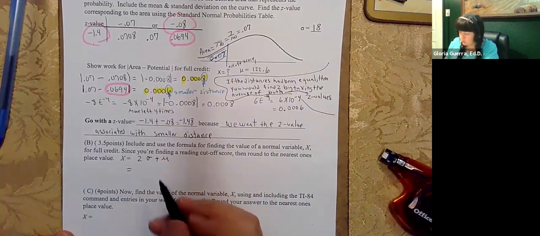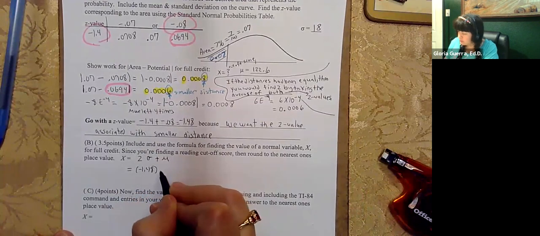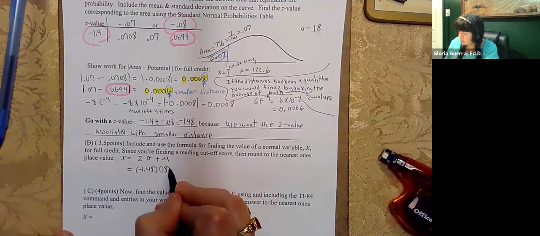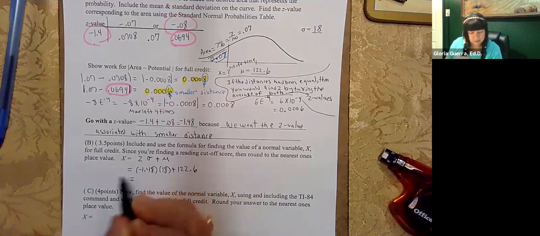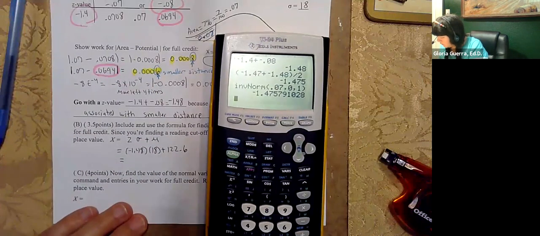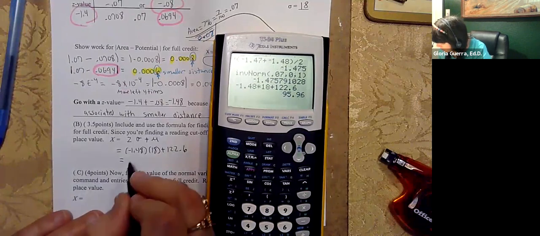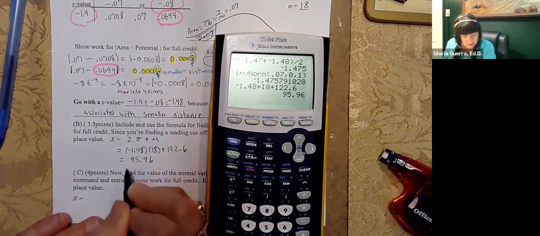So z, we just found it, negative 1.48. Sigma is 18, and mu is 122.6. So negative 1.48 times 18 plus 122.6 is 95.96.